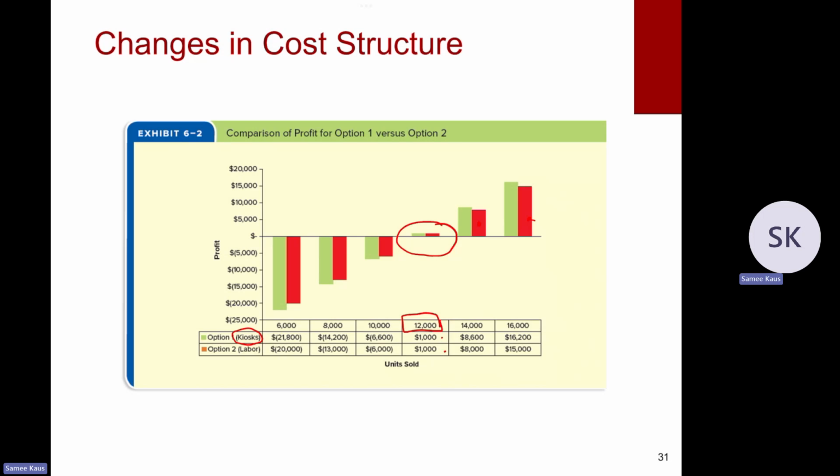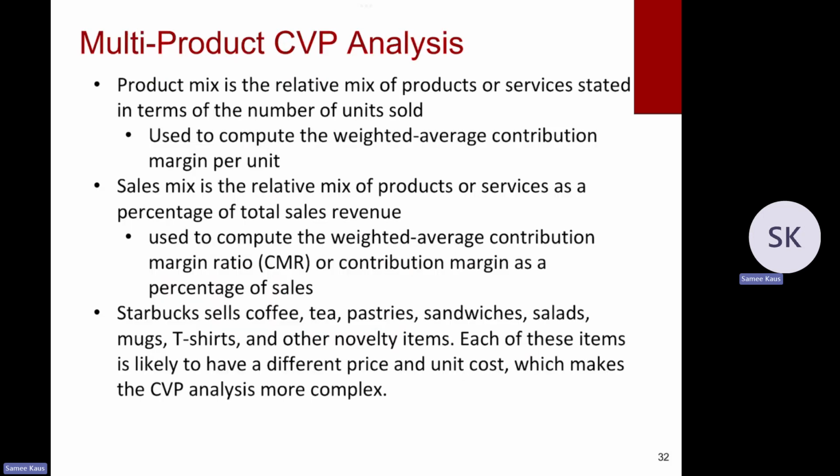So it should make sense that under option 1, I'm actually in kind of a better spot because, yeah, my fixed costs go up, but I'm not reducing my contribution margin as much under option 1 as under option 2.